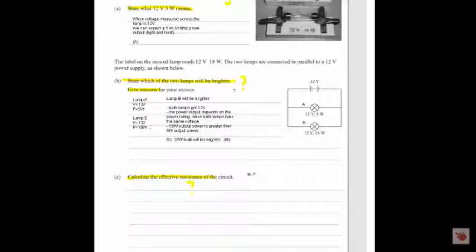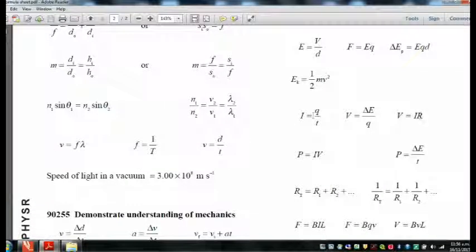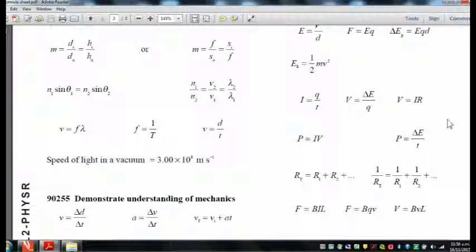All right, taking a look at our formula sheet, we've got a couple of ways that we can calculate total resistance. For a circuit in series, there's total resistance. For a circuit in parallel, this is total resistance. Now this is the one you might think you want to use. However, when we take a look, we don't have these R1 and R2 values.